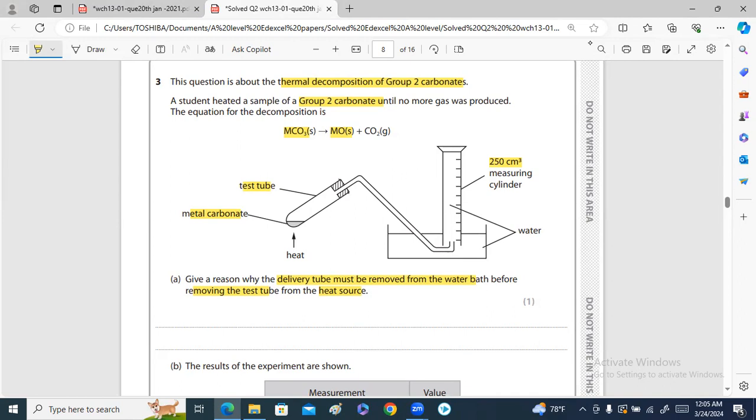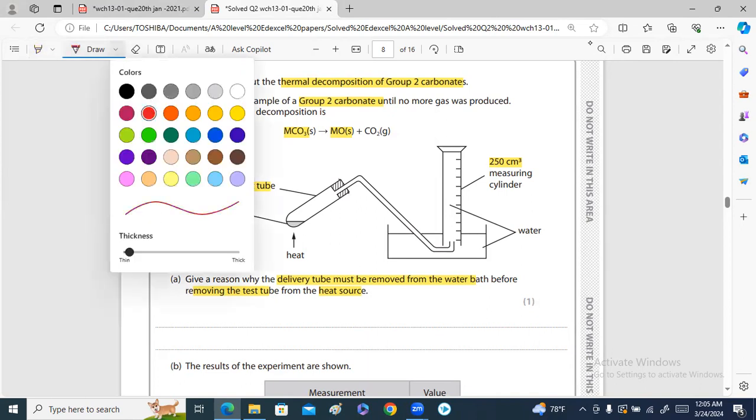So this is a hot tube and this is the water at normal temperature. If we remove the heat source, the cold water may rush into this hot tube and it may crack this tube. So this is technically the suck back problem.